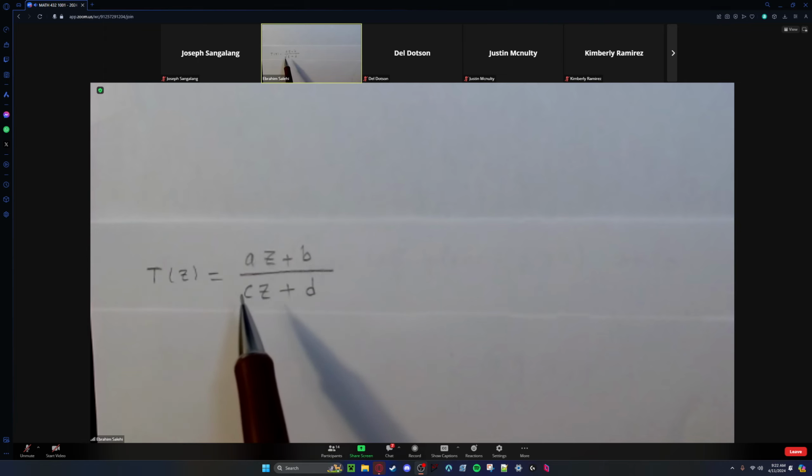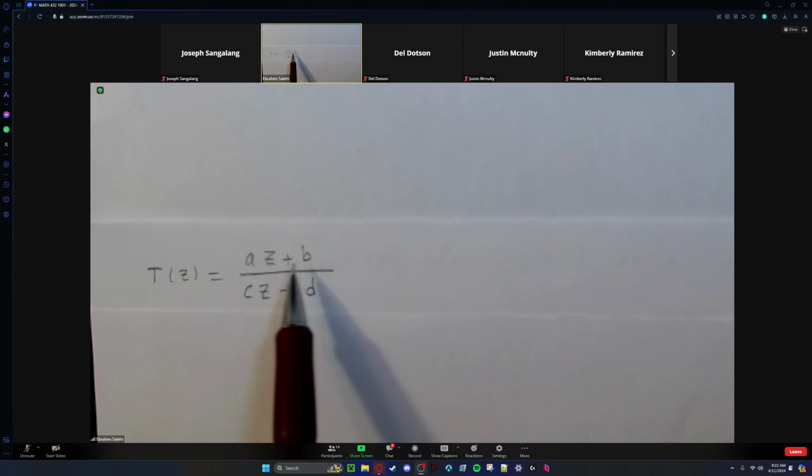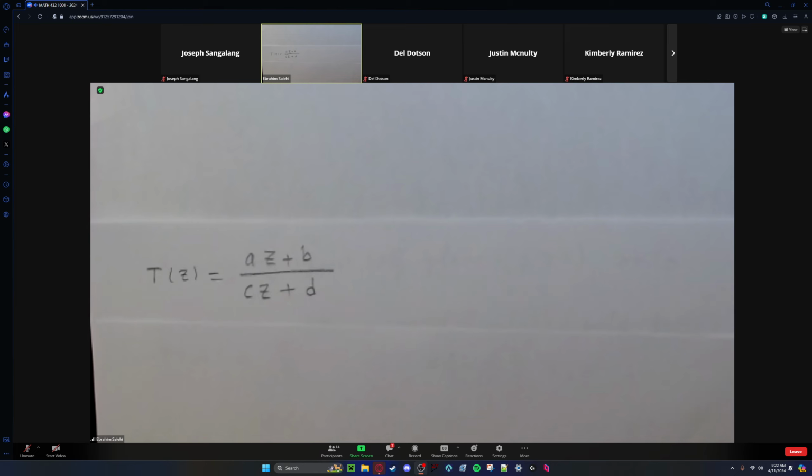It seems that we have 4 unknowns, but actually it's not, because as soon as one of them is non-zero, we can divide by that constant. So in reality, we have only 3 unknowns to take care of. And that is why 3 points and their images will be enough.